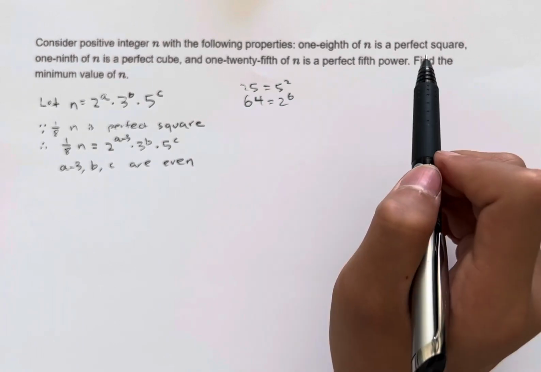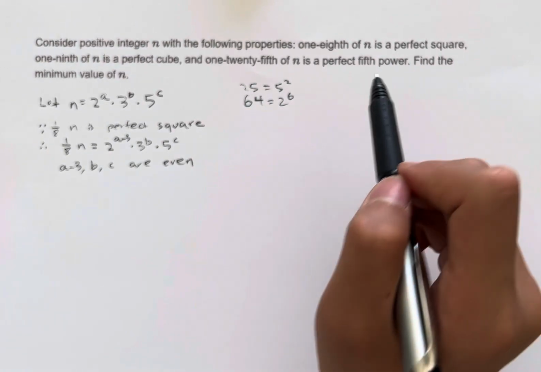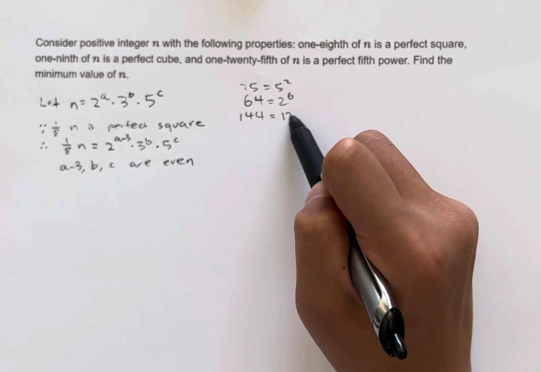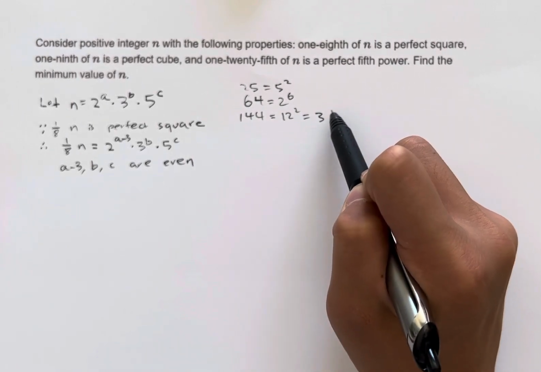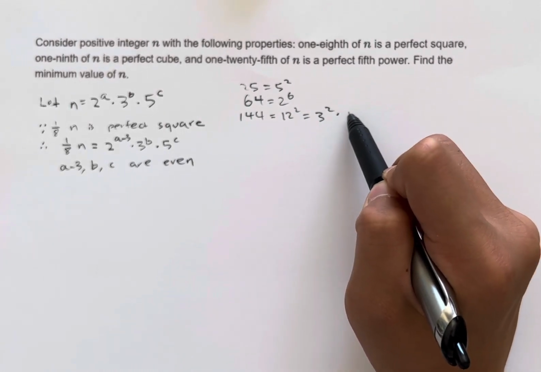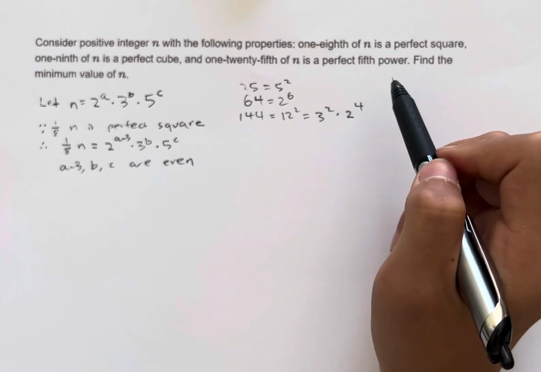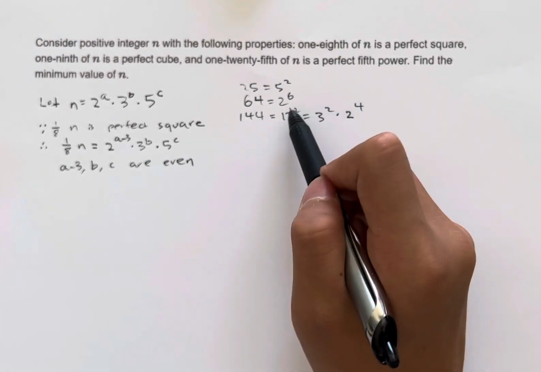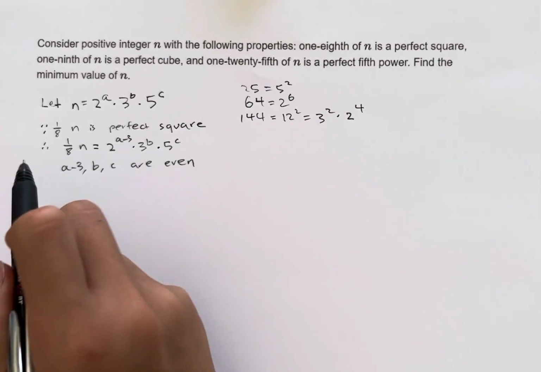Or we can also use 144. This will equal 12 squared, which equals 3 to the power of 2 times 2 to the power of 4. The even exponent just comes from the square because 2 times something is going to be even.